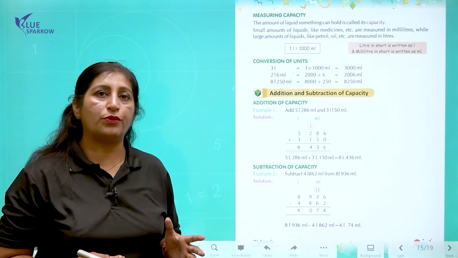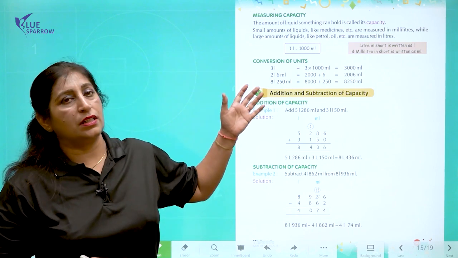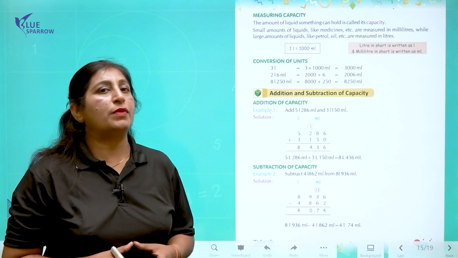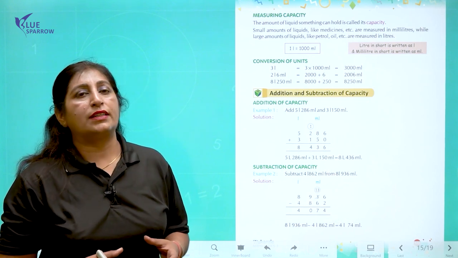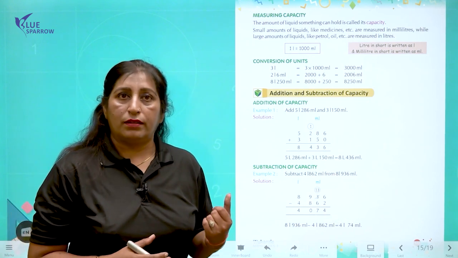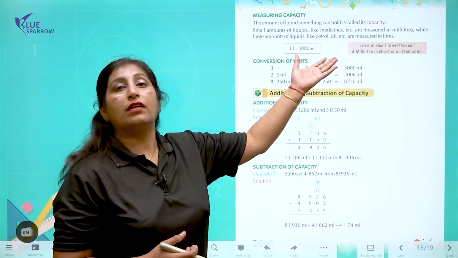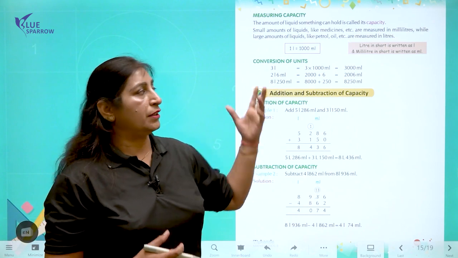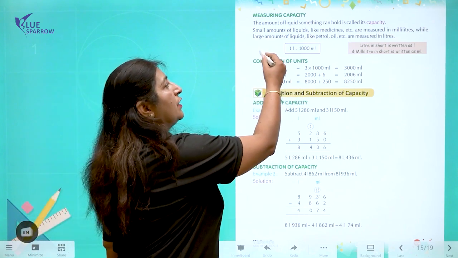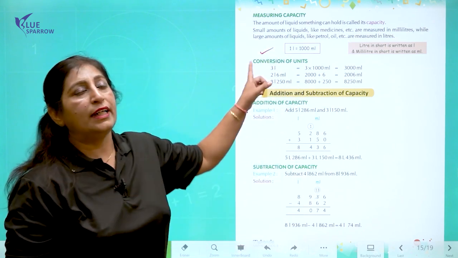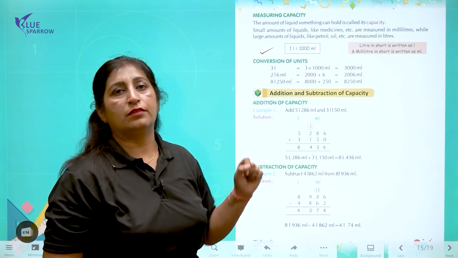Milliliter is the smaller unit to measure capacity, and liter is the bigger unit to measure the capacity of liquids. For example, we measure milk, ghee, cooking oil, petrol, etc. using the unit liter. And the relation between liter and milliliter is 1 liter equal to 1000 milliliter.